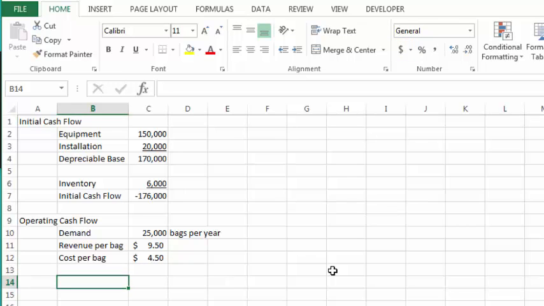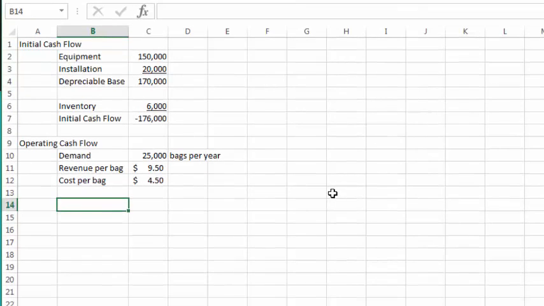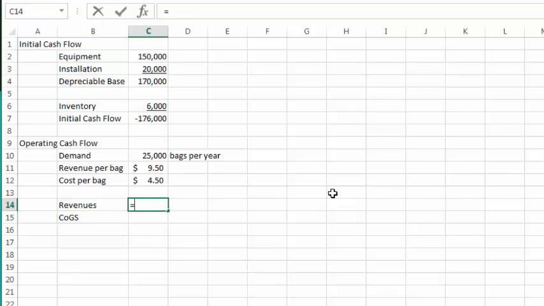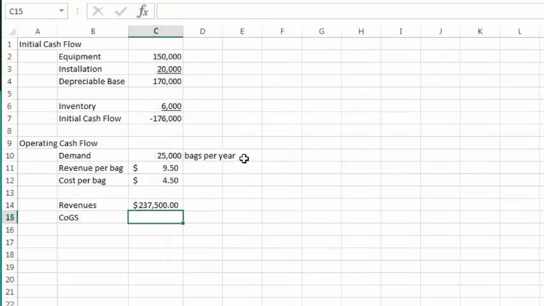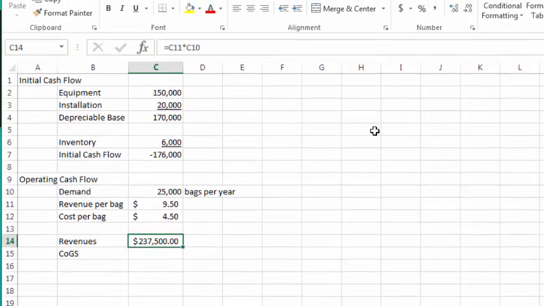Now we're going to do a very simplified version of an income statement by saying what are the total revenues, and then what are the total cost of goods sold, so we're just going to take the 9.50 multiplied by the 25,000.